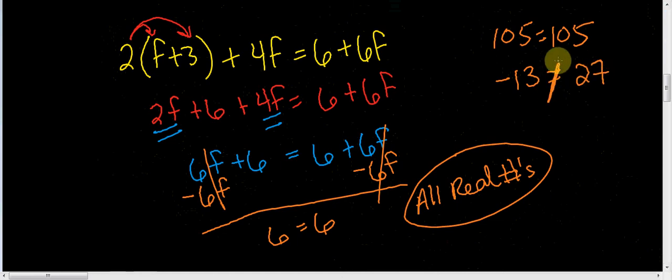That's not true. Remember, we put a little slash through there. And your answer would be no solution, because that's not true. And don't forget about solving an equation and actually getting an answer like x equals 5 or z equals 2 or something to that effect. That's also a possibility as well.